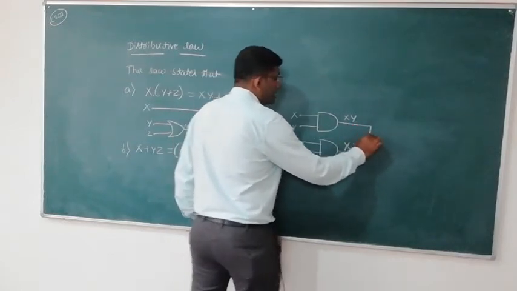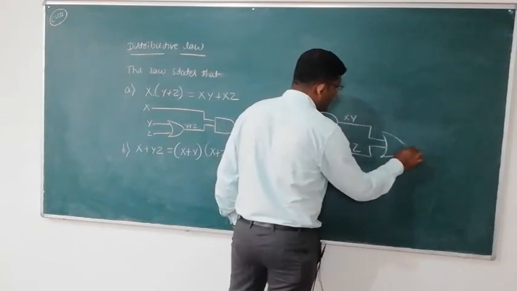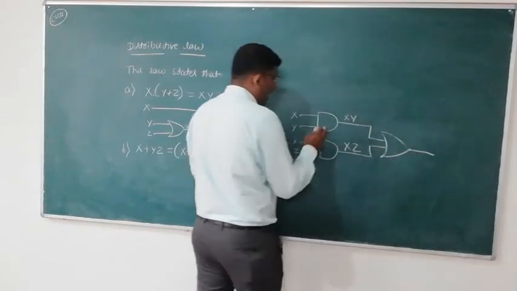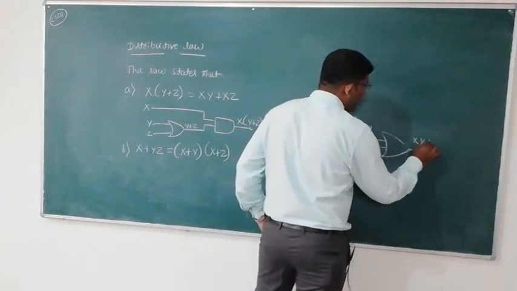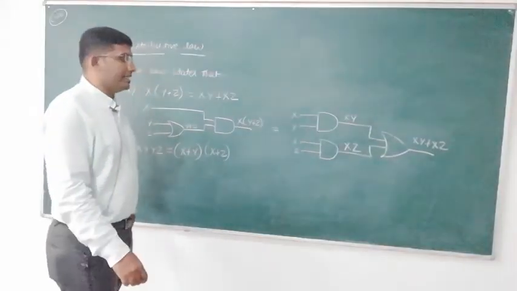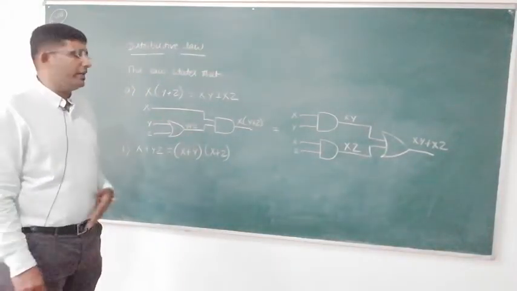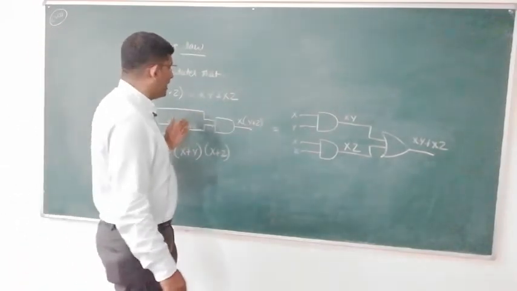If both these outputs of the AND gates are inputted to an OR gate, we are going to get xy plus xz.